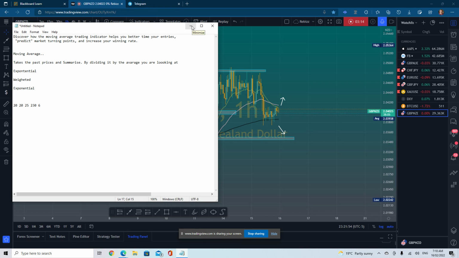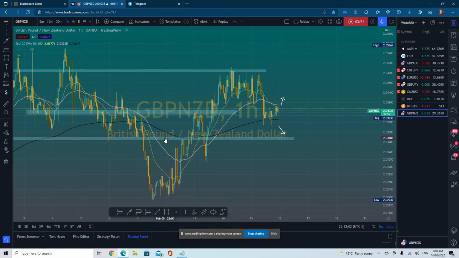If you're looking at a 10 moving average, it means you're looking at the last 10 prices, so add them and then you divide by 10. If you're looking at the 50, it means you're looking at the last 50 trading dates or trading prices. If you're looking at the 200, it basically means you're looking at the 200 trading prices or trading days.